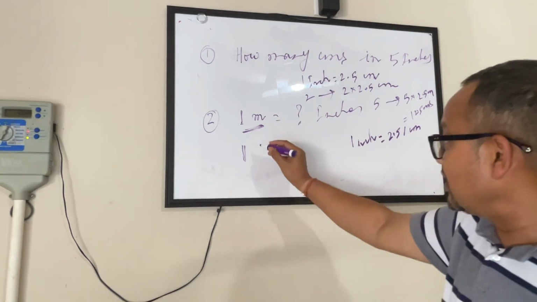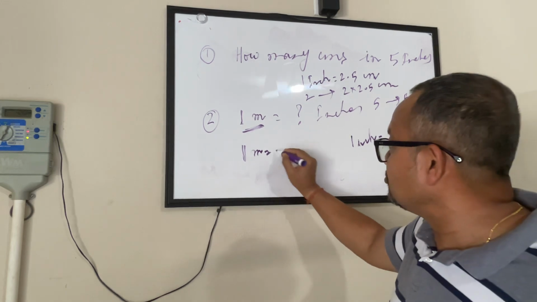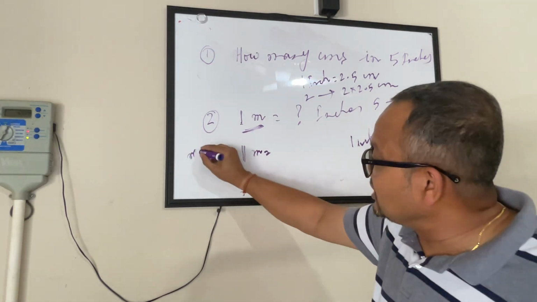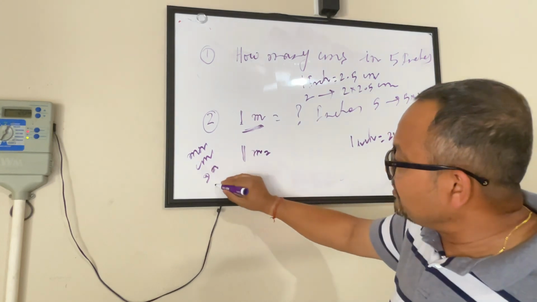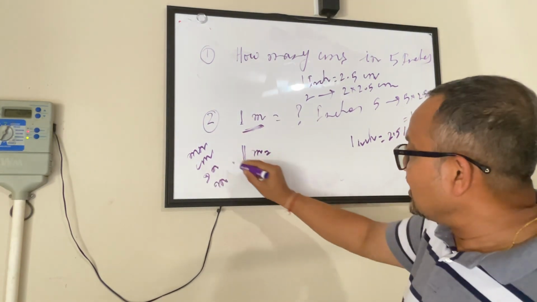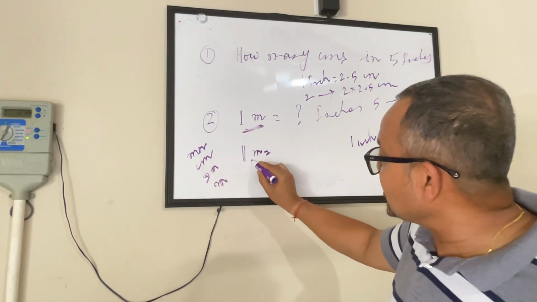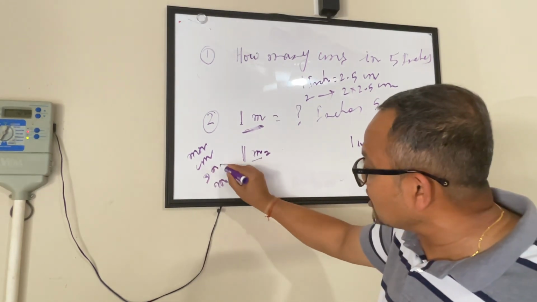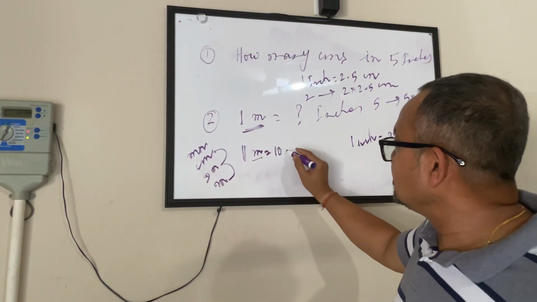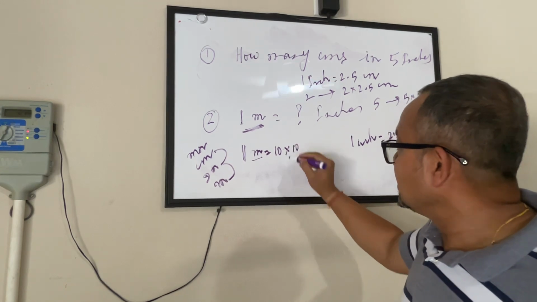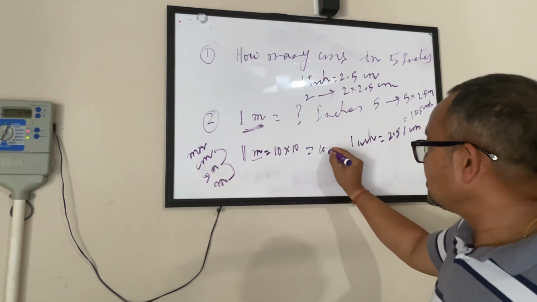So 1 meter equals what? Millimeter, centimeter, decimeter, meter. To convert a meter into centimeters, 10 into 10, so 1 meter equals 100 centimeters.